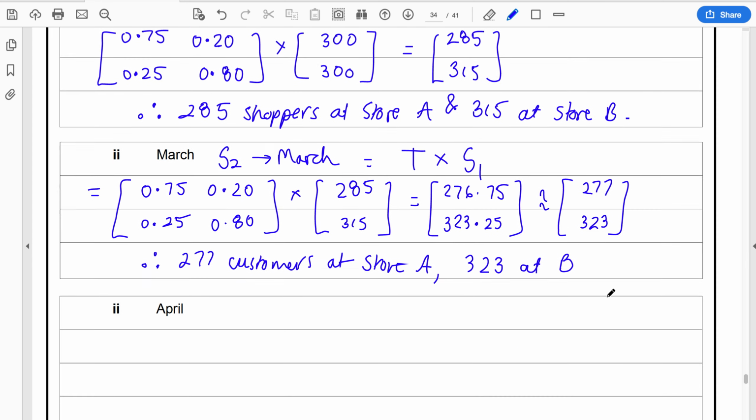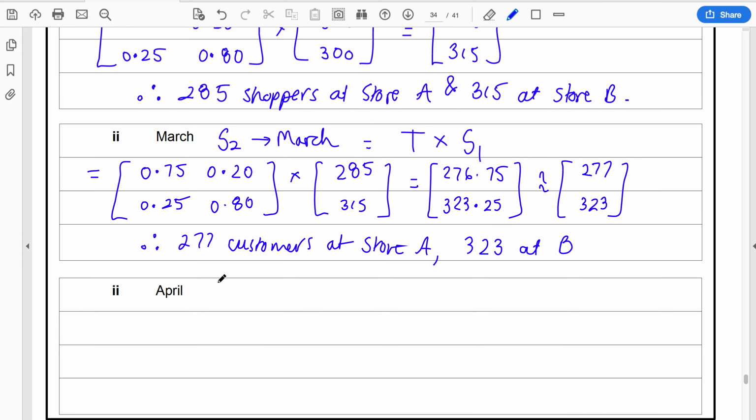And finally, for April, we would do the same thing. That's going to be the next month, so this will be S3. We'd do T times S2, because now we've got values that look like this for the month of March, and we're transitioning those values.